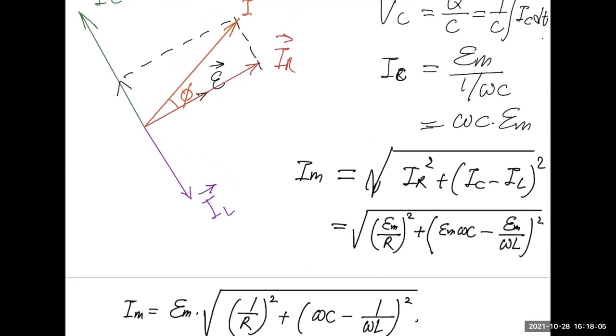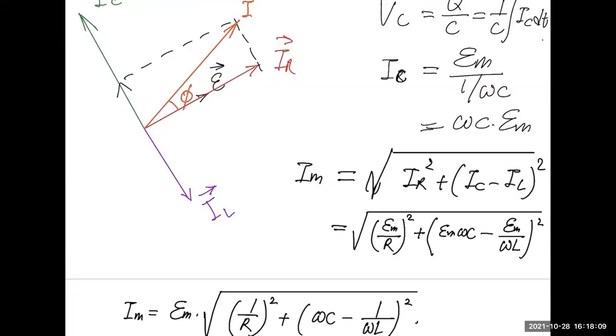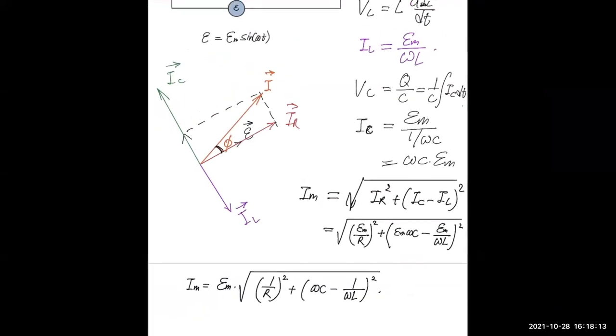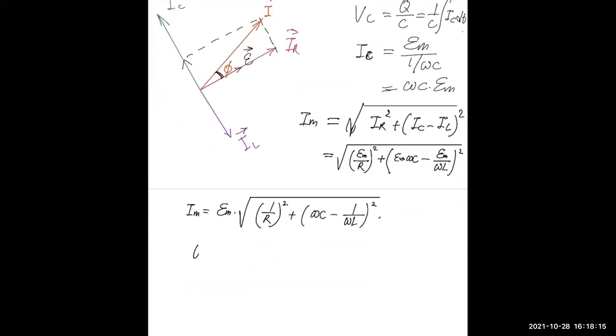What about the phase angle between the overall current and the EMF? That is, what is the phase angle phi equal to? Well, you can see here, tangent phi equals opposite over adjacent. So that equals (IC minus IL) divided by IR. Okay, you can do the algebra here.